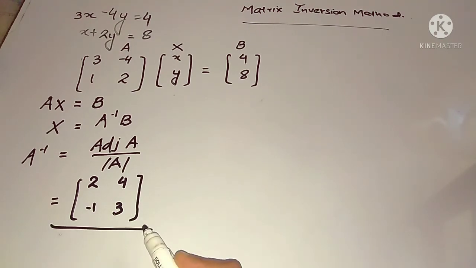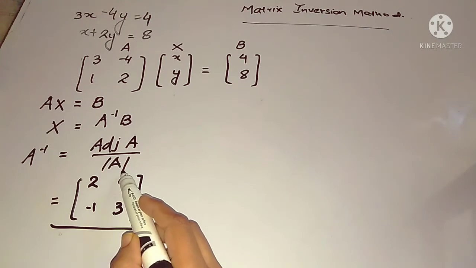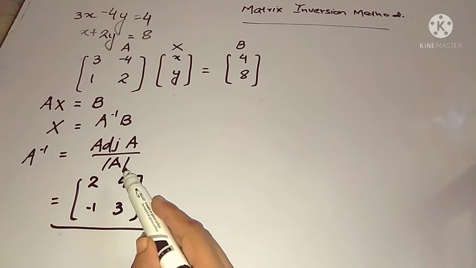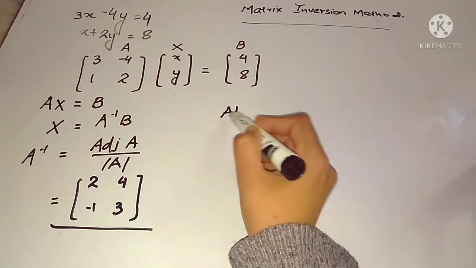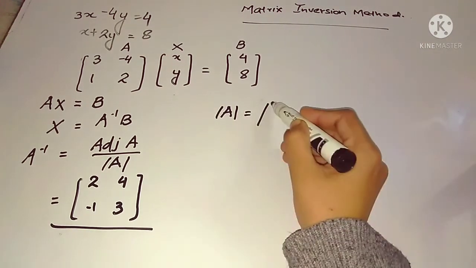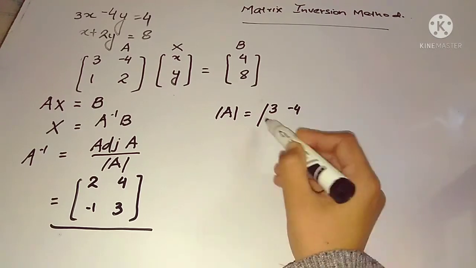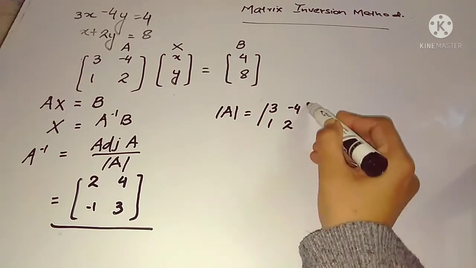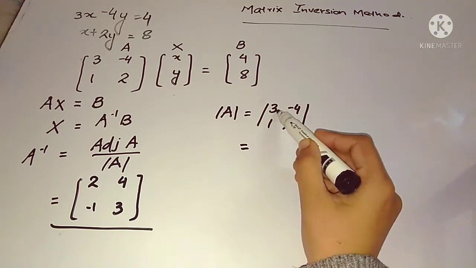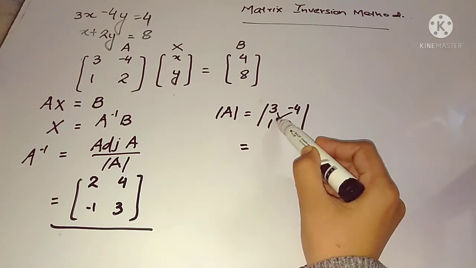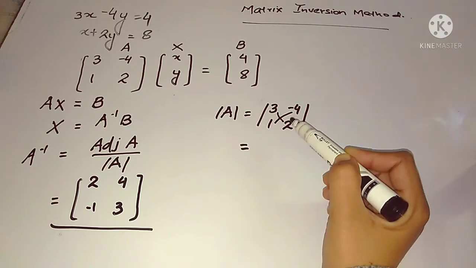Now what is the determinant of A? Here I am going to find it. The matrix is 3, minus 4, 1, 2. To find its determinant, you have to multiply these two numbers first, and then multiply these two numbers, and in between you put a minus sign.